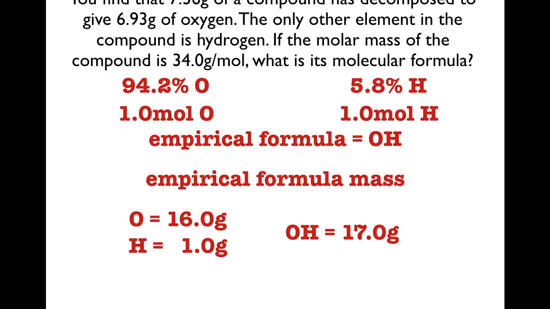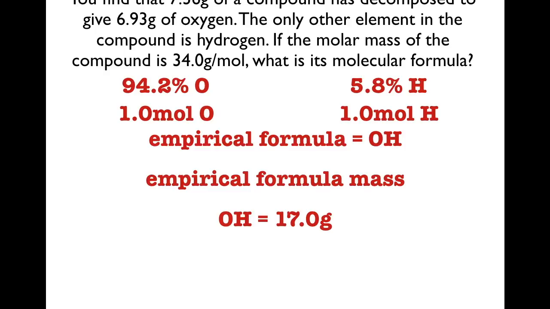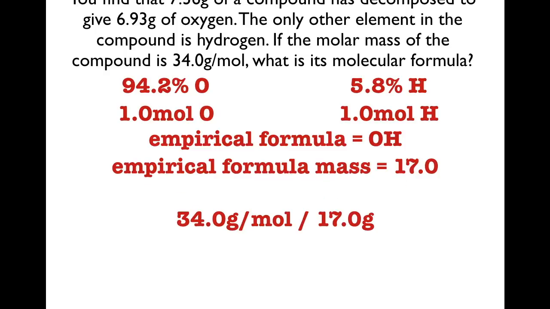So what am I going to do with that? Well, to find the molecular formula, we need to take the molar mass of what you're given and divide it by the empirical formula mass. So I'm going to do that right here: 34.0 grams per mole divided by 17 grams. You're left with 2.